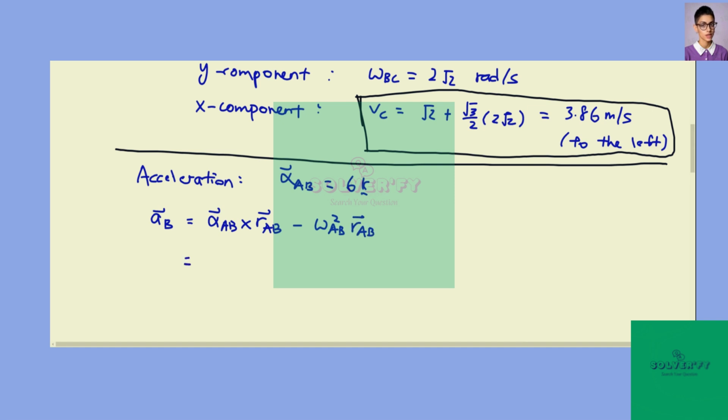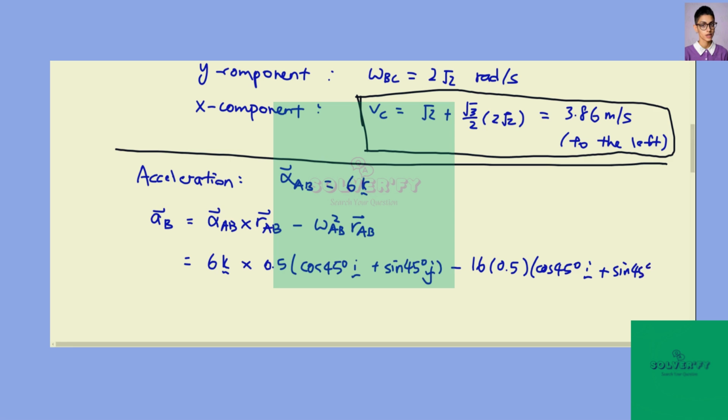This will be 6k cross 0.5 times (cosine 45 degrees I plus sine 45 degrees J), minus 16 times 0.5 times (cosine 45 degrees I plus sine 45 degrees J), where RAB is 0.5 cosine 45 degrees I plus sine 45 degrees J.